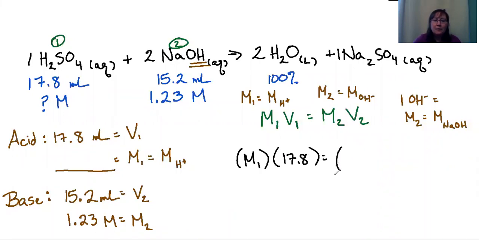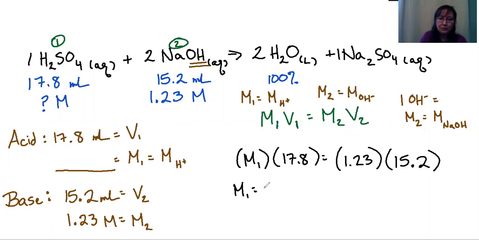And then we have our M2, 1.23, times our V2, the volume of our base, which is 15.2 milliliters. Now we solve for M1. That's 1.23 times 15.2 divided by 17.8.